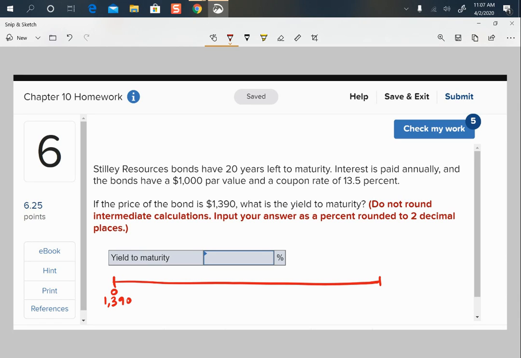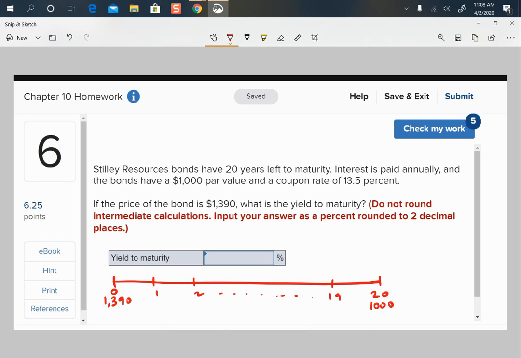So we know that the bond is selling for $1,390. Then you have year one, year two, and you keep on going to 19 years and 20 years. And when this bond matures, the bond will return the face value.